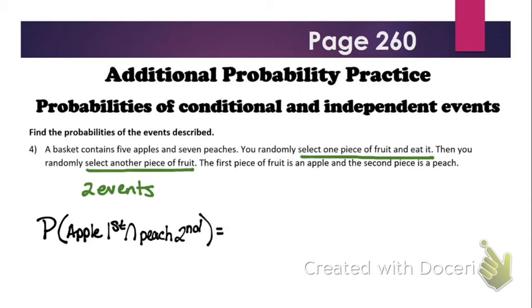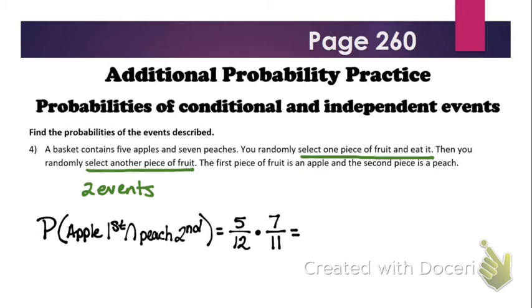So what's the chance that when I reach into that basket, I get an apple? 5 out of 12. Okay. And then I eat the apple. So when I reach back into the basket, there's how many pieces of fruit there? 11. There's only 11. How many of them are peaches? 7.